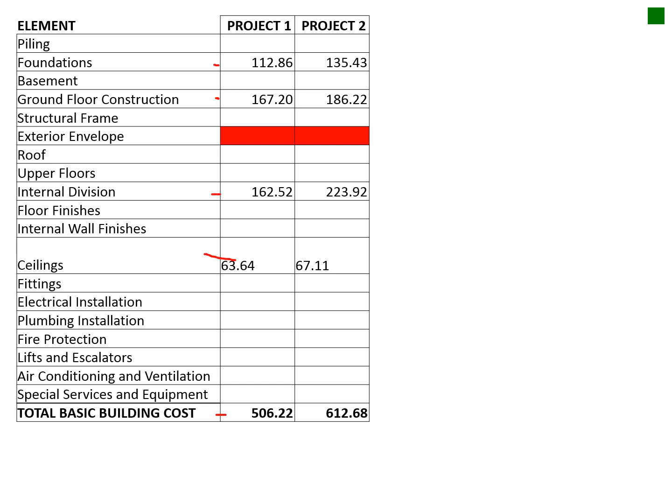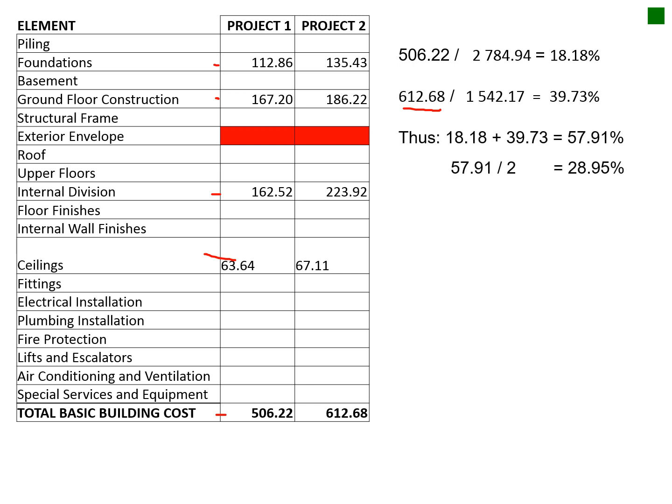added them together. Okay, so it's 506 divided by your total building cost, so it's 18.1%, and then your second one is 612, which amounted to 39%. Thus, those two together divided by 2 is about 50%.